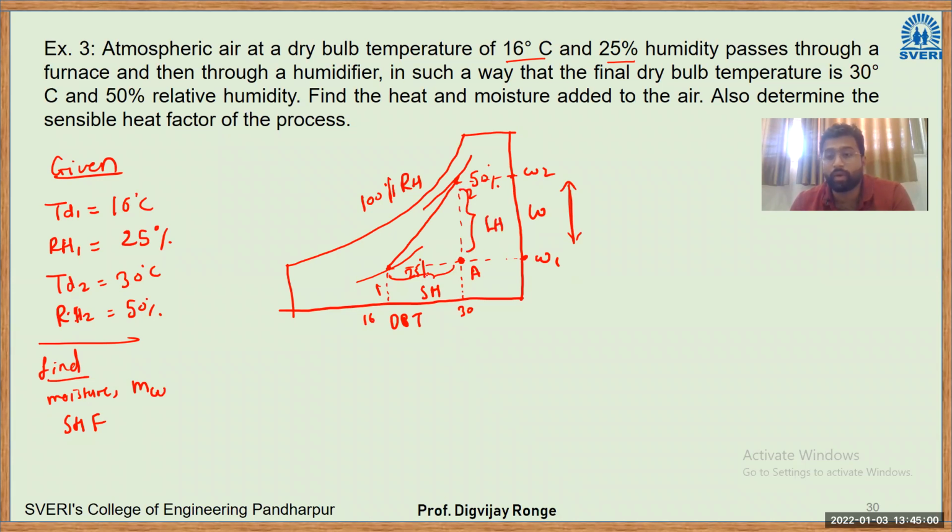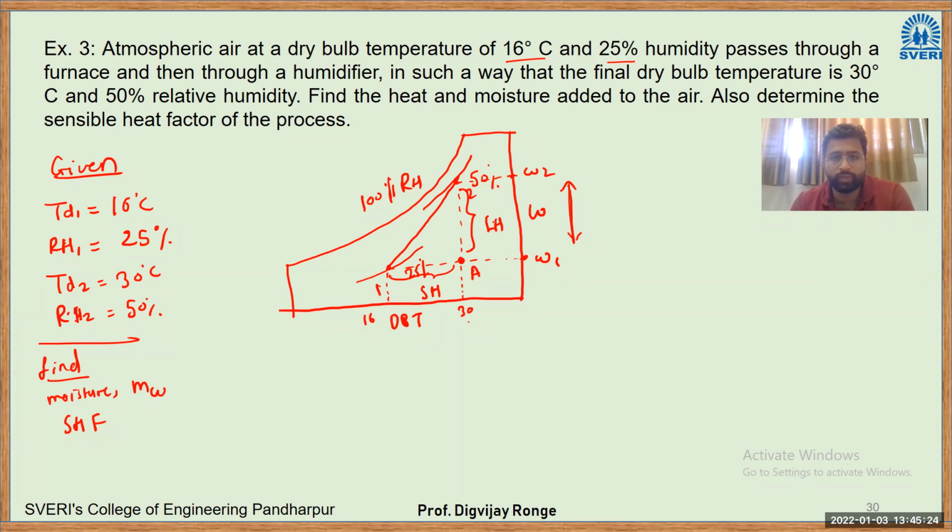Sensible heat is on account of change in temperature only, while the specific humidity remains constant. Latent heat is on account of changing specific humidity, and during latent heating, the dry bulb temperature remains constant. So the horizontal part is always sensible heating, the vertical part is always latent heating.